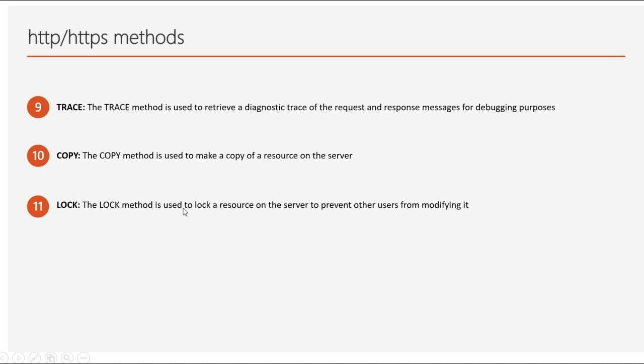So once we lock, no one can update or make changes on the record. It means no one can perform the PUT or PATCH operation once you apply this LOCK method.